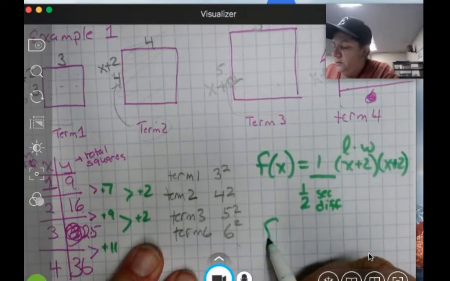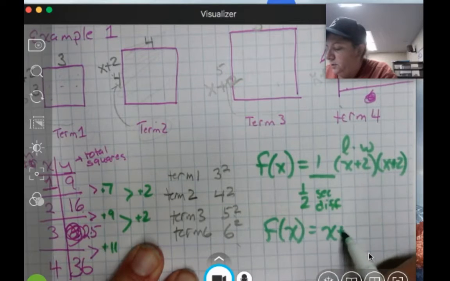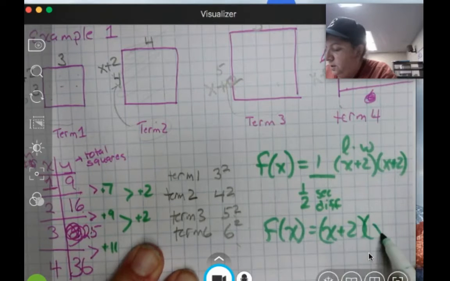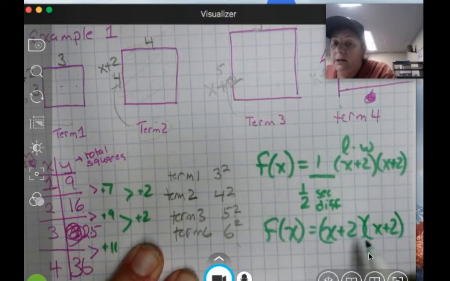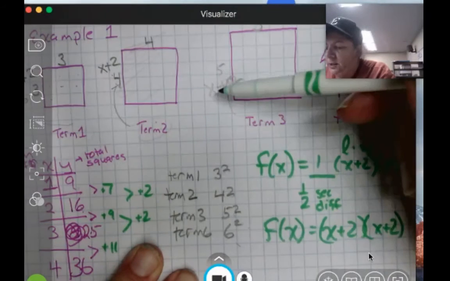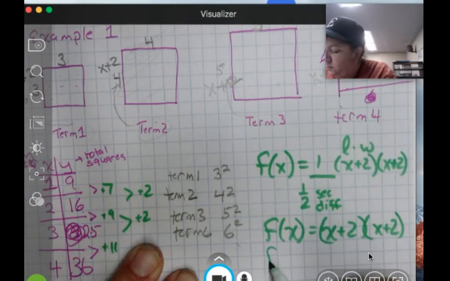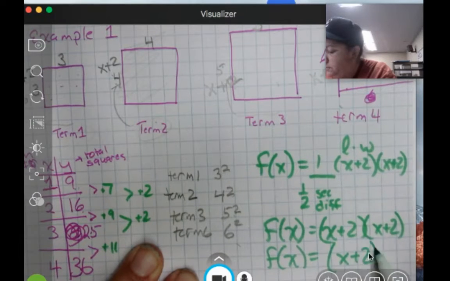And really how we'd write that is f of x equals x plus 2, x plus 2. We're not going to distribute yet, by the way. And look, this works for each of them. x plus 2, oh wait, here's a better one. x plus 2 is 5 times x plus 2 is 5. Another way people would write this is x plus 2 quantity squared.